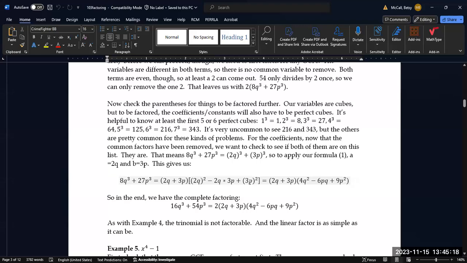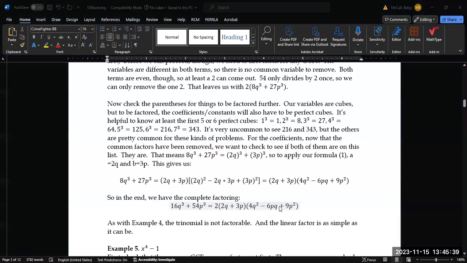And then the last term is b squared, and that's 3p quantity squared, and if I multiply that out, I get 9p squared. So this is my final factorization. I have the 2 that was the greatest common factor, and then my 2q plus 3p. And my third factor is 4q squared minus 6pq plus 9p squared.